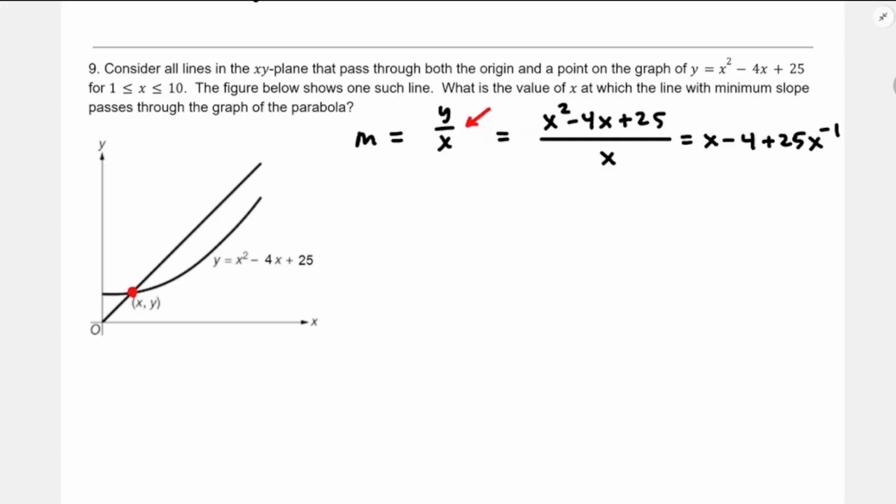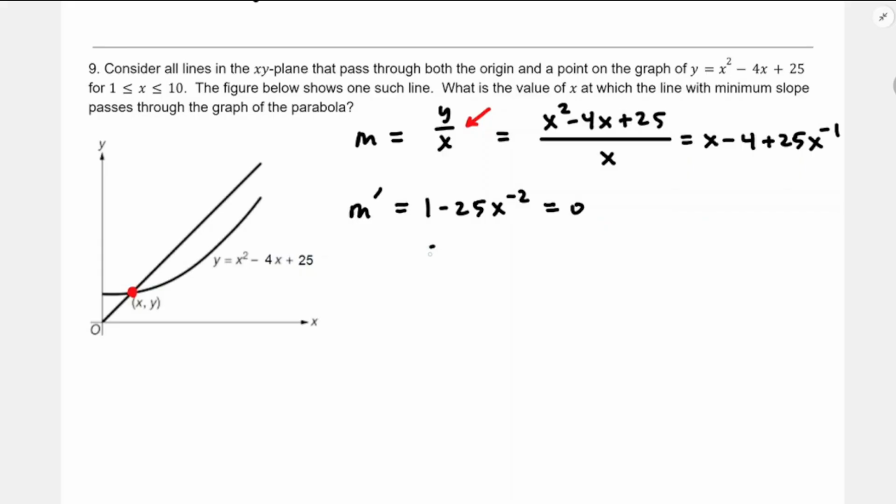If I want to find the minimum slope, I'm going to take the derivative of m and set it equal to 0. That's 1 minus 0 minus 25x to the negative 2, and we're interested in where that equals 0.